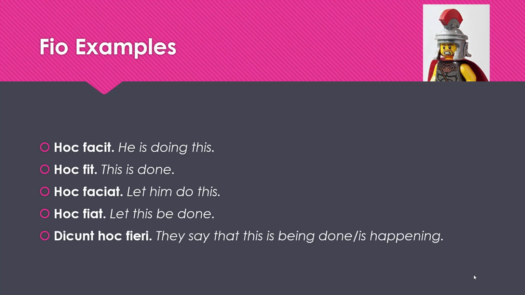Right? And then the last one here, dicunt hoc fieri. They say that this is being done or that this is happening. So again, it's really just complementing the forms of facio. It's a passive verb that's used. Facio is active. The Romans generally like to use active instead of passive.